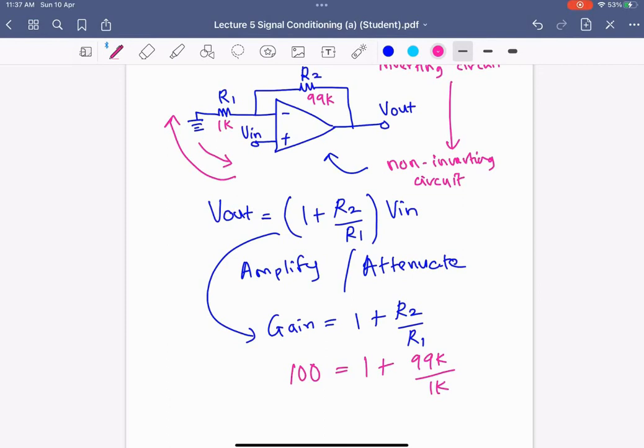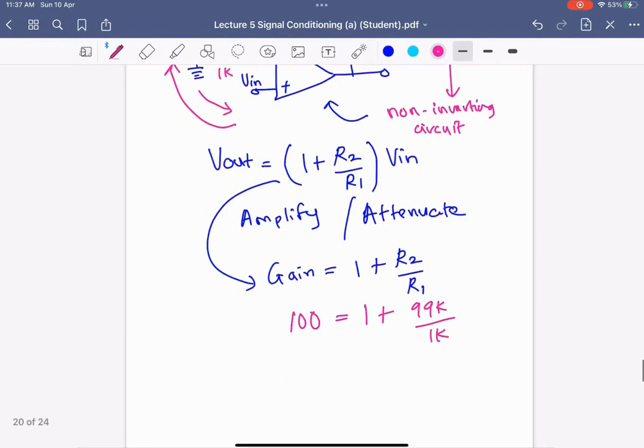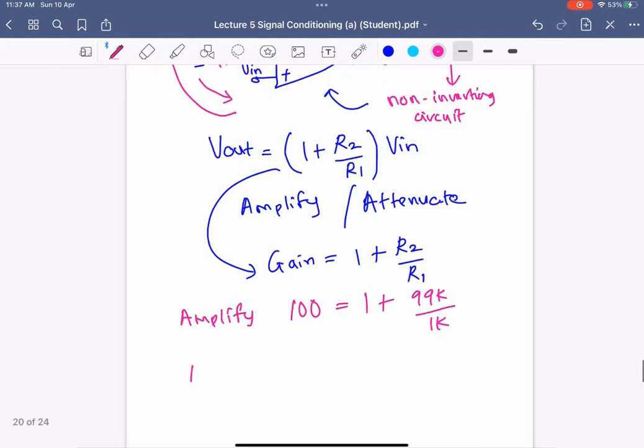Now my next question: this one amplifies, right? I want to make it attenuate, that means de-amplify. The gain that I want to have is 0.1.